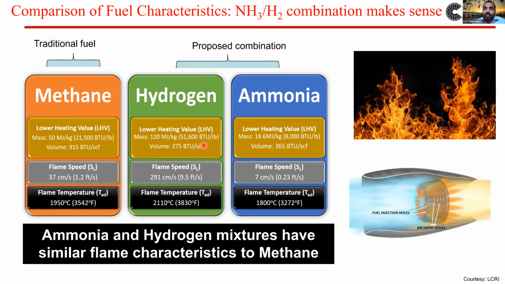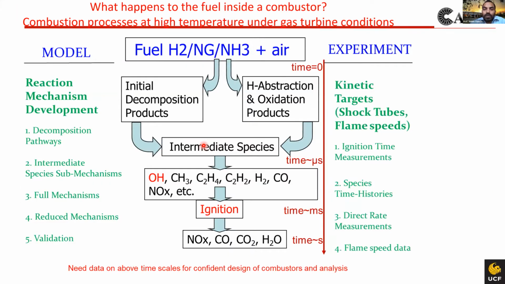Now, you cannot just burn anything and worry only about the performance. You also have to worry about other things that go on as a byproduct. So this is a high-level overview of what happens inside an engine to a fuel, right? So traditionally, you have this fuel mixing with air, and these time scales show what happens to that fuel.